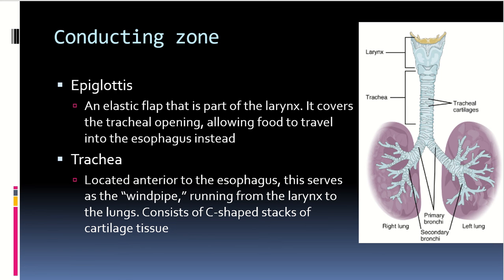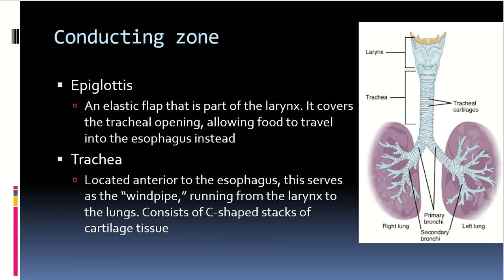Now, if it does go down the trachea, being part of the conducting zone, there is machinery to help push that food or liquid back up and then down the esophagus. But luckily, the epiglottis does a great job at preventing most of that from ever happening. And then the long tube of hard cartilage, the windpipe, would be the trachea.